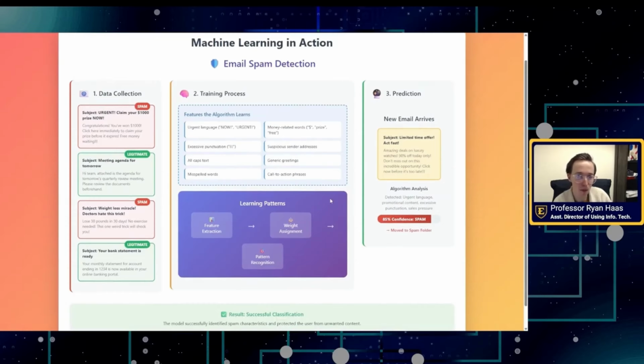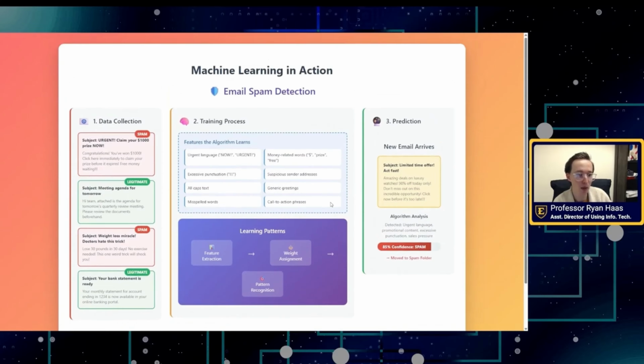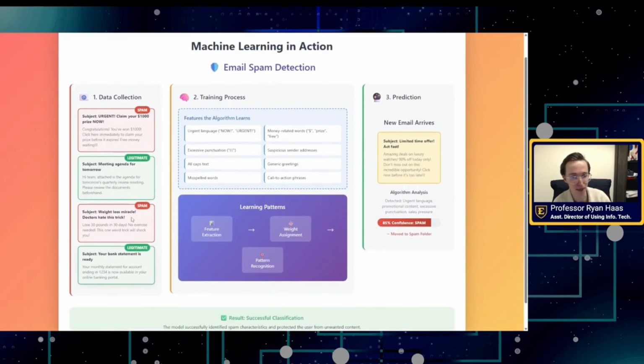And then for machine learning, this would be where we create a predefined set of data where we feed it labeled data. So we say, this is spam, this is legit, this is spam, this is legit. And maybe we send it 1,000 copies of spam emails, 1,000 copies of legit.